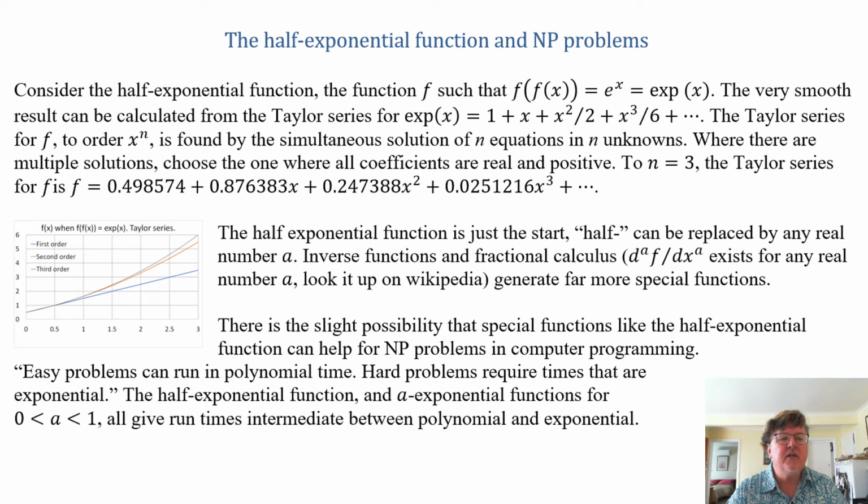The Taylor series for the half-exponential function f to order x to the power n is found by the simultaneous solution of n equations in n unknowns. Where there are multiple solutions, choose the one where all coefficients are real and positive.